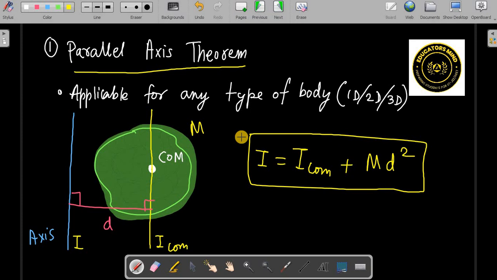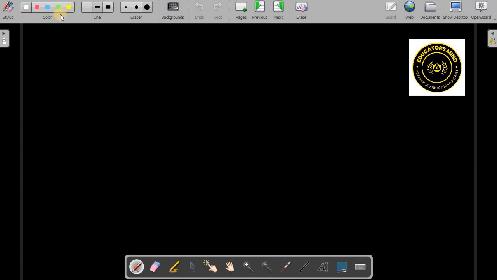Then we can calculate using this approach. Let's take an example here. Just now we can verify for the rod we have discussed. Now you can verify whether we are correct or not, right?